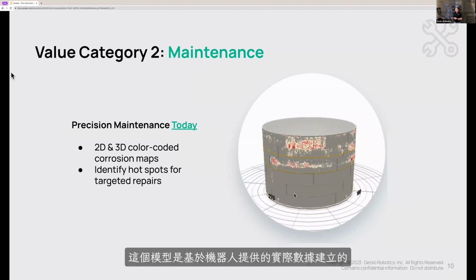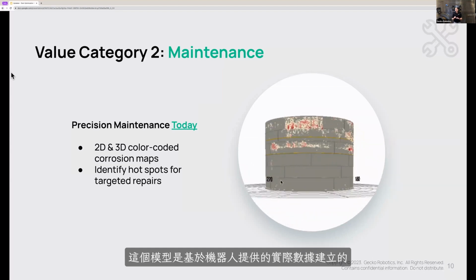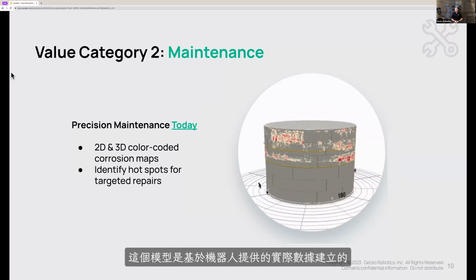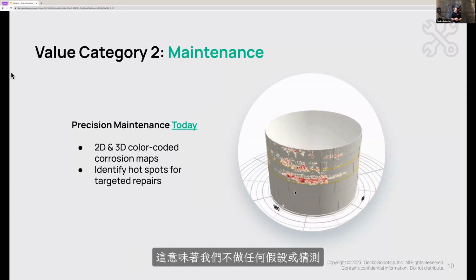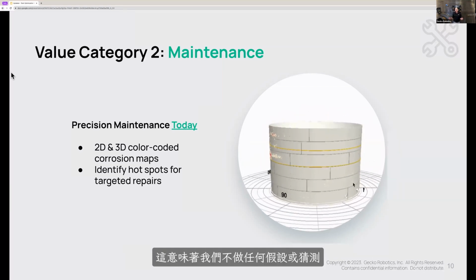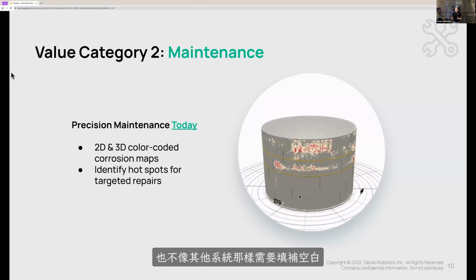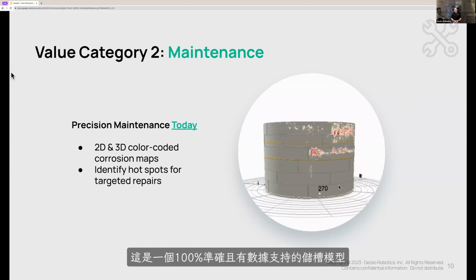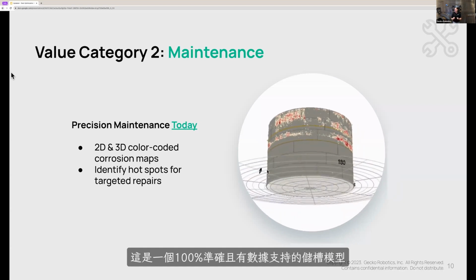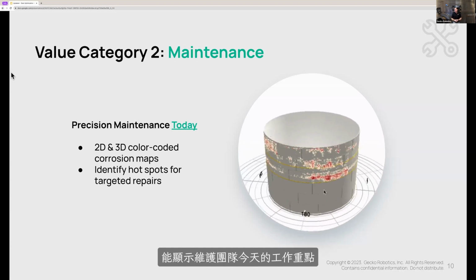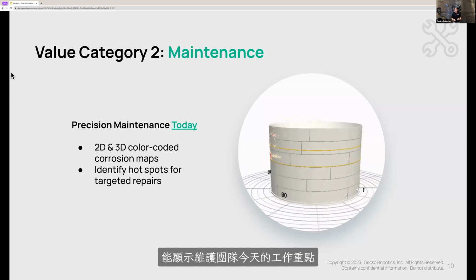Now, this digital twin is built 100% on the actual health data that the robots gave us. There are no assumptions or leaps of faith. We're not trying to fill in blanks like you might find in other systems. This is a 100% accurate and data-backed model of your tank that shows you exactly where your maintenance team needs to direct its efforts today.